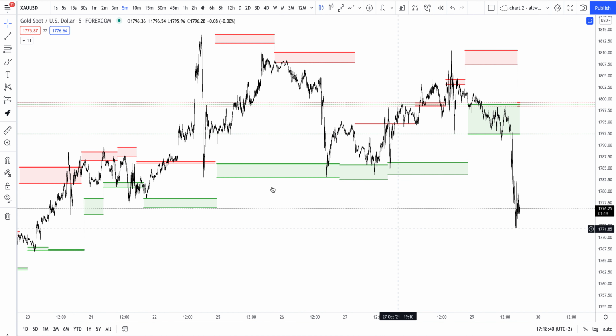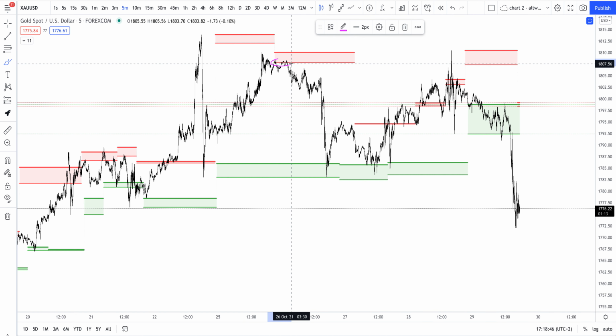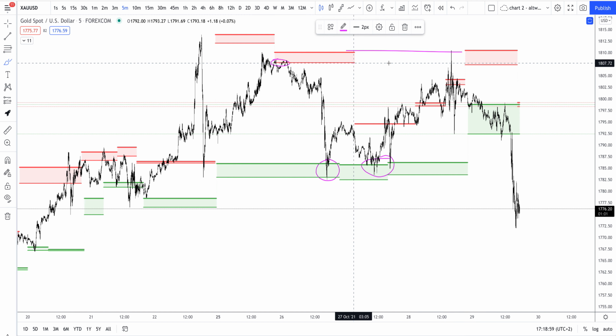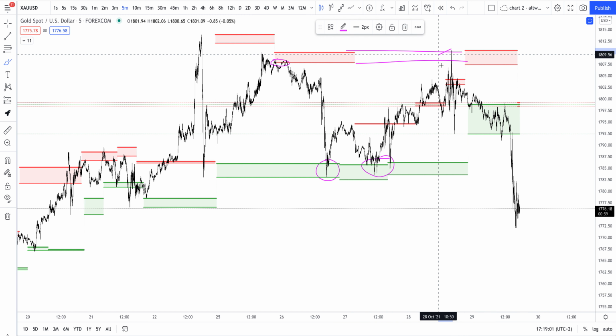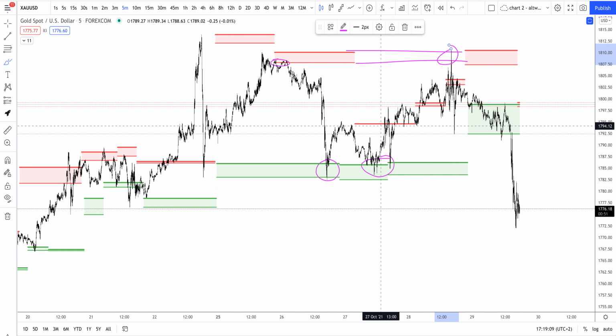For example, you can see here, this is a perfect setup. This also, this too. Perfect setup. Also this is a very good setup. In this case, for example, you have one supply area here, another here, and another here.